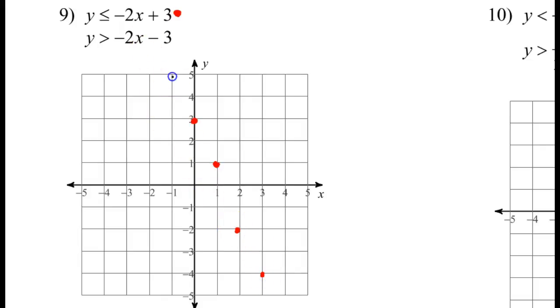And we have a solid line because we got a right there. Oh, looks like I missed. Try that again. Down 2, right 1. There we go. And then do the second one as well.